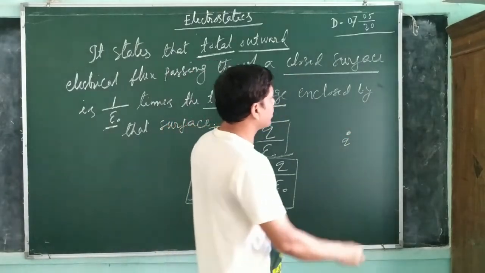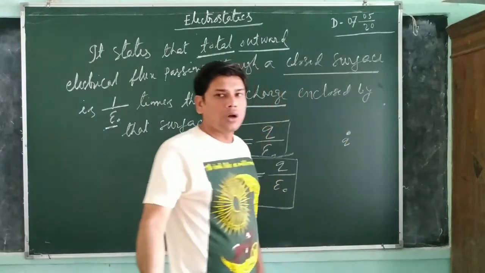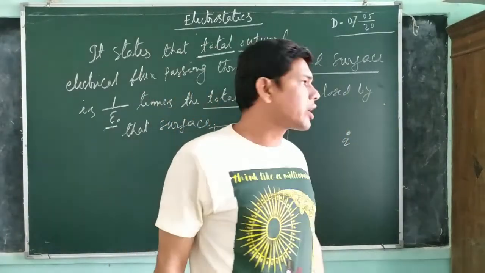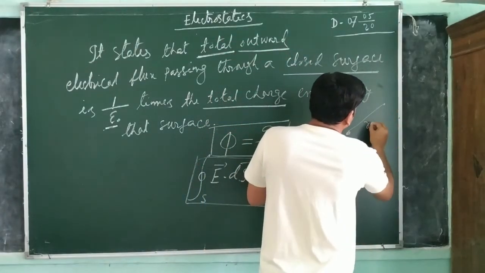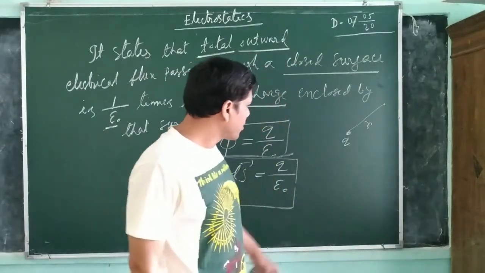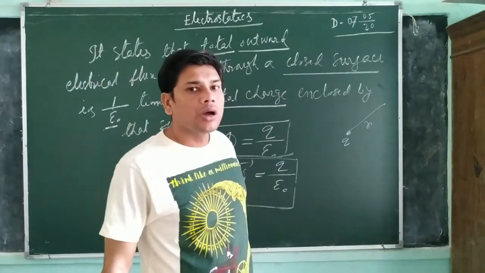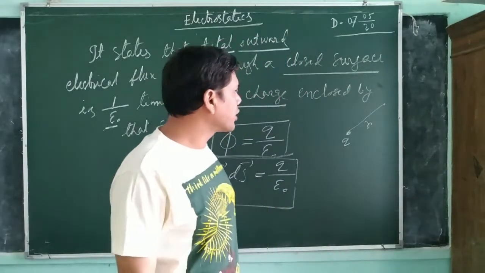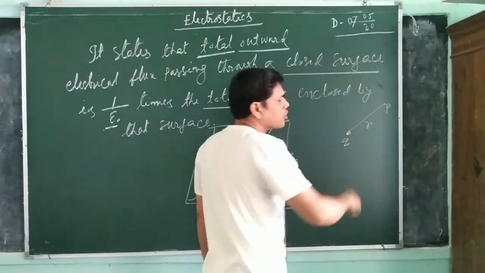We have to find the electrical field at this point due to the point charge. Let this distance be r. By using Coulomb's law, we can easily find the electrical field at this point. Now we have to find it at this point, let it be P, using Gauss theorem.